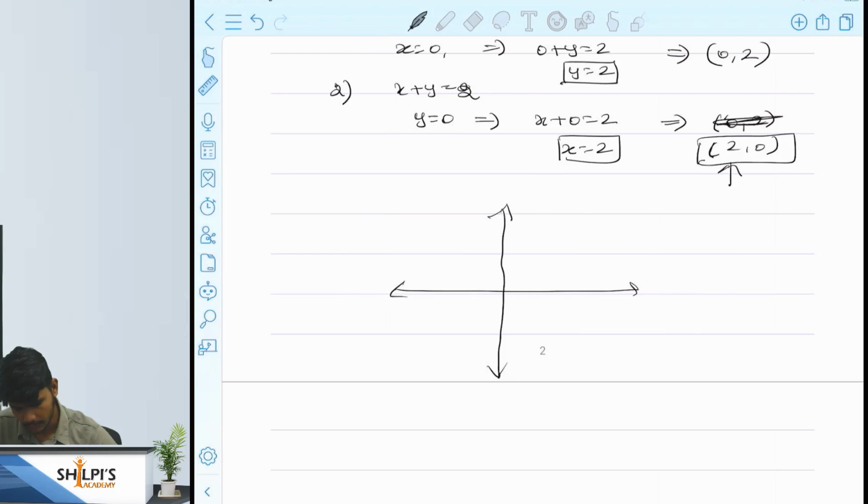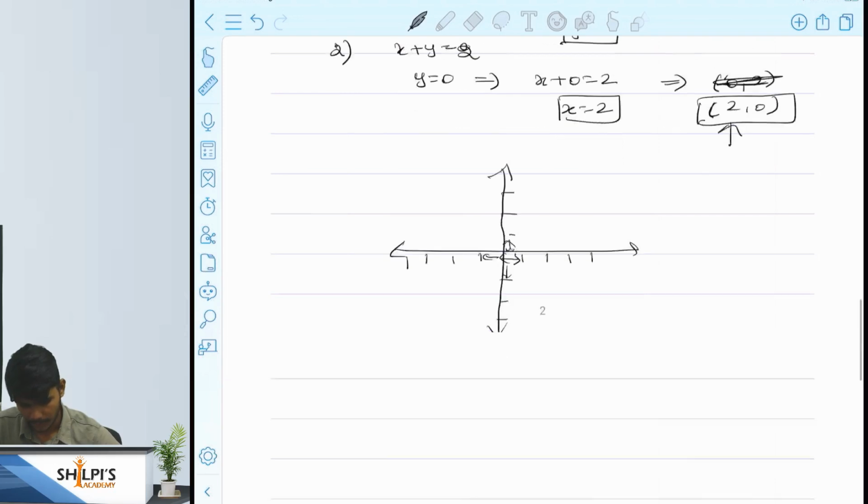First I need to define the units. Kindly draw the graph very neatly. For example, if you take this gap for 1 centimeter, you should take the same gap on every axis.